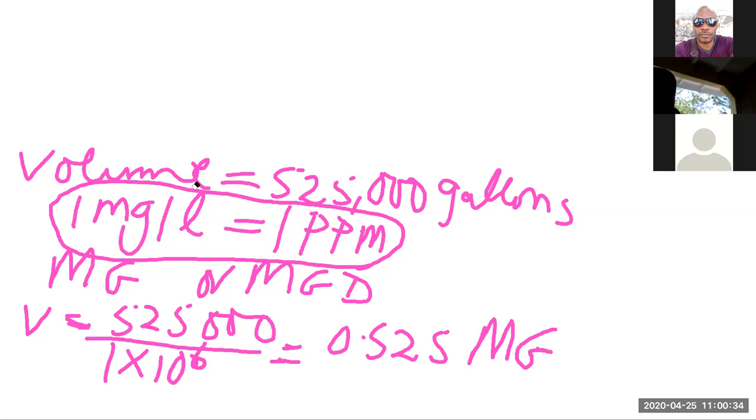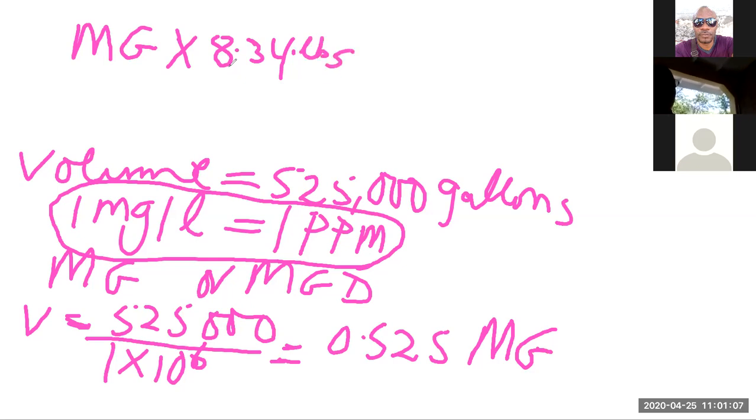Remember, they're asking me for amount, they're looking for pounds. Always remember, in your water treatment, million gallons multiplied by 8.34 pounds per gallon. You know where that came from?